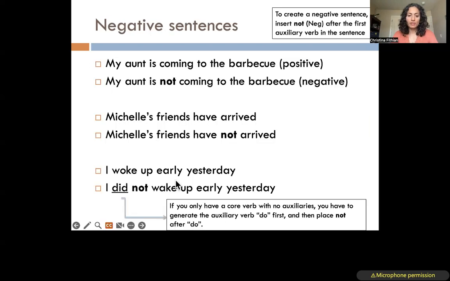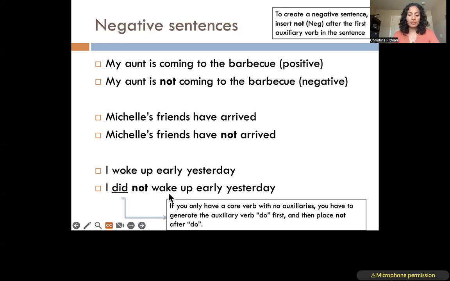So let's go back to the previous example. I woke up early yesterday. Well, if I want to say the negative version of that sentence, I did not wake up early yesterday. Now, this is kind of interesting. You're going to notice that when you create a do, we don't say I did not woke up early yesterday.